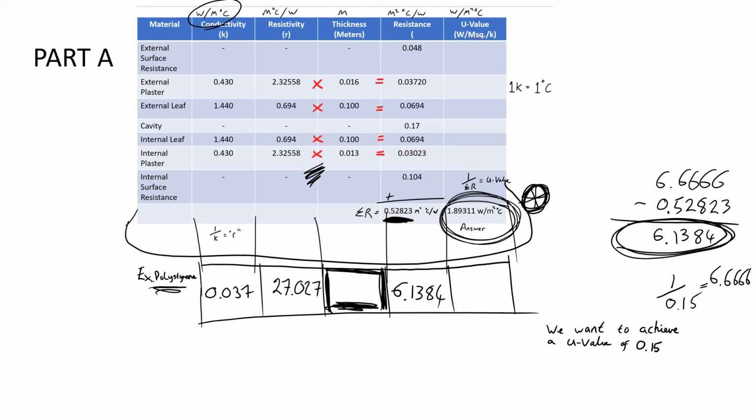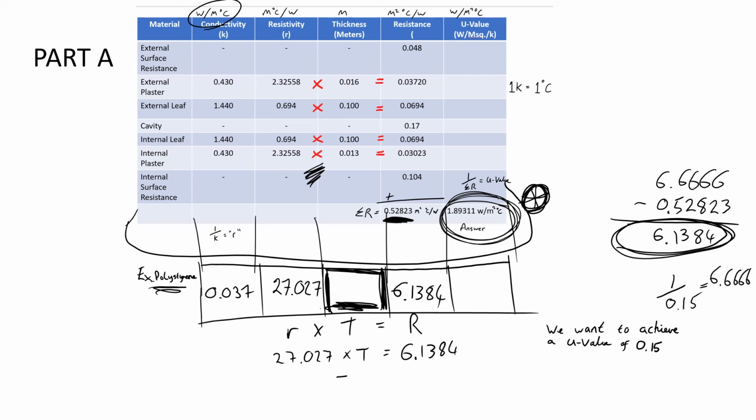So what we would have been doing here is multiplying. I'll just write this out: R, which is the resistivity, multiplied by the thickness equals our resistance. So we have the value 27.027 multiplied by the thickness, which we don't know and are looking for, to give us 6.1384.